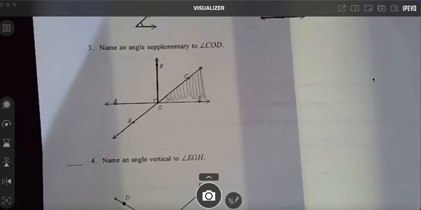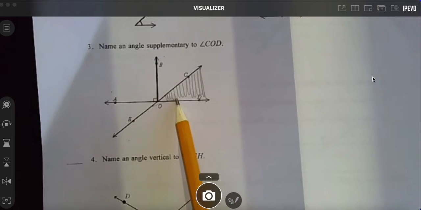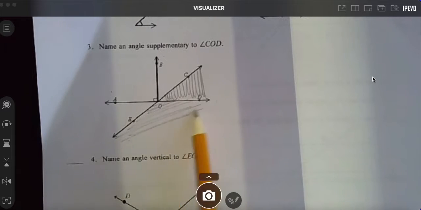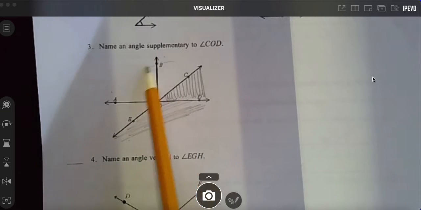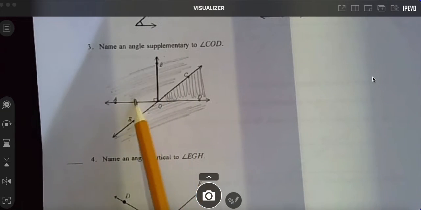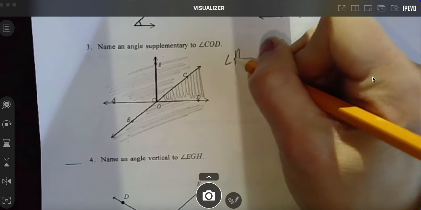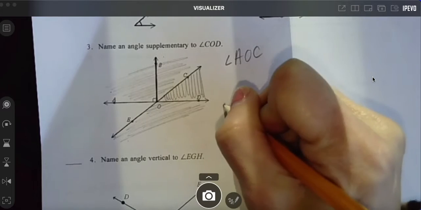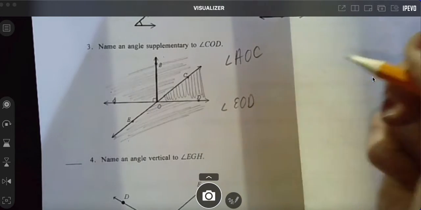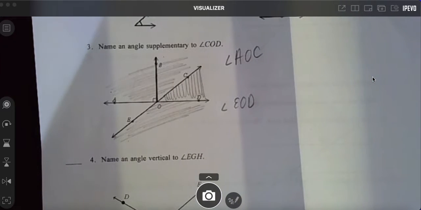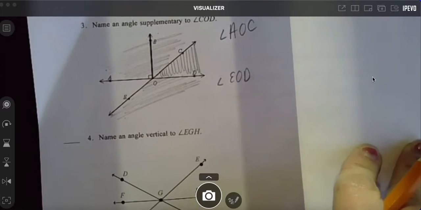Like if I added a whole other angle to it. I would say maybe this one, or it could be that big one. So you could list either angle AOC, or you could have put angle EOD, or DOE, or COA, depending on how you worded it. Does everybody understand that? That's what it was looking for? Okay, makes that straight line.